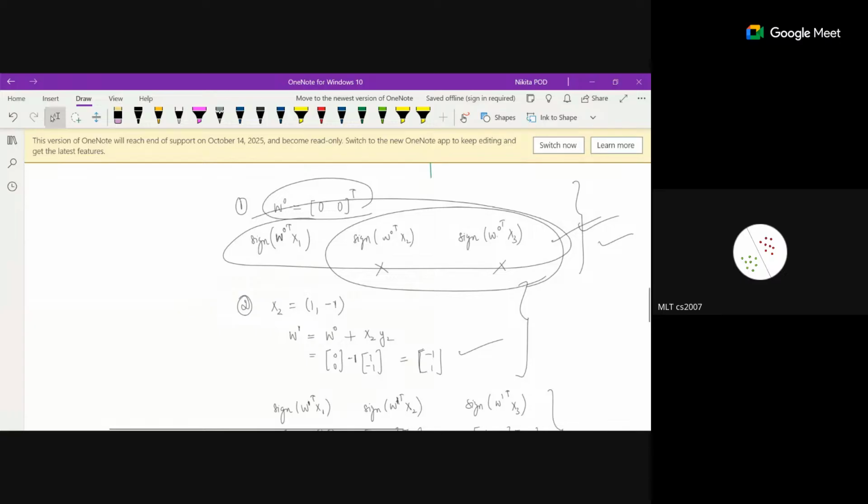The very first assumption is that only linear separability is not enough. It should be linearly separable with some gamma margin.